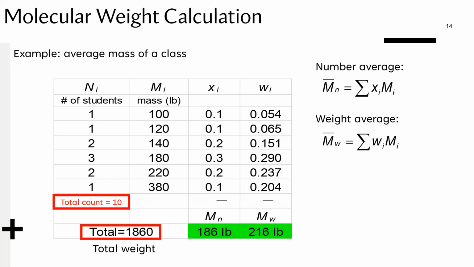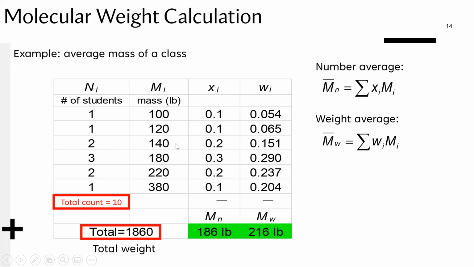So now you've got the number fraction here. How do we calculate the number fraction? That's the first step. The way you do that is you take the summation of the students. There are 10 students overall, and you divide the number of students in each category by the total. So you've got 0.1, for instance, at 100. You've got 2 divided by 10, 0.2, with a weight of 140.